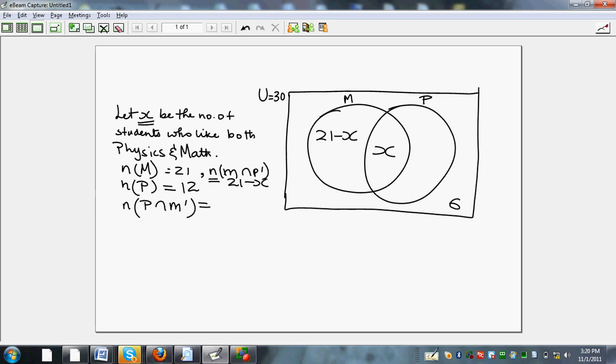But if X like both of them, then physics only will be 12 minus X. Okay, so your Venn diagram should be looking something like that to start off.